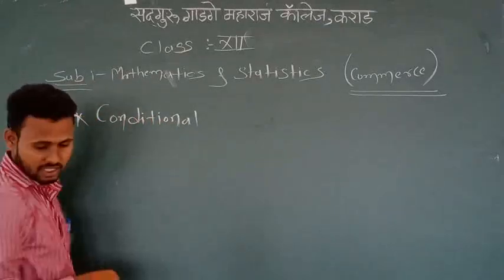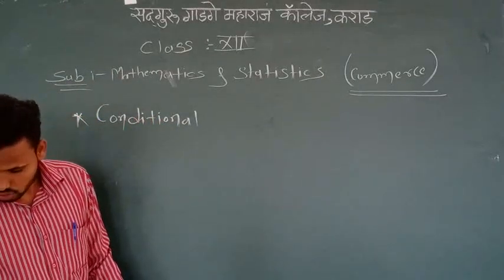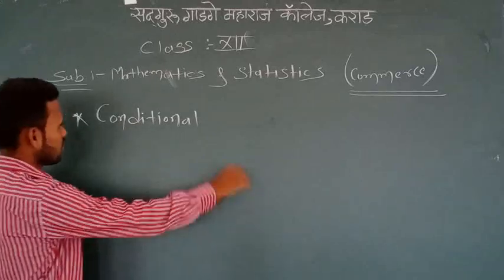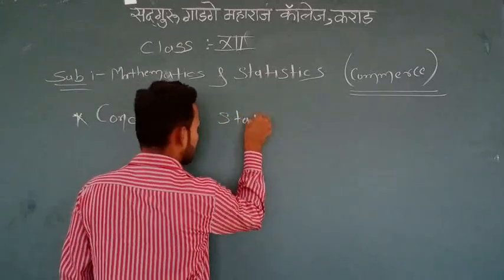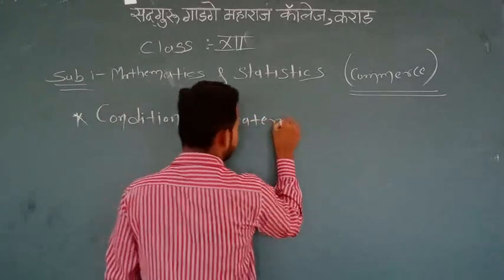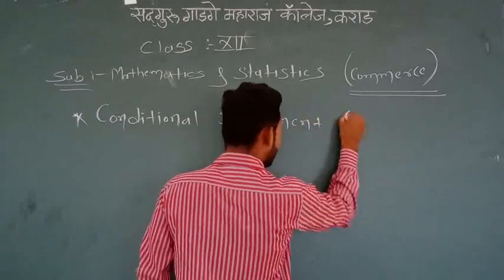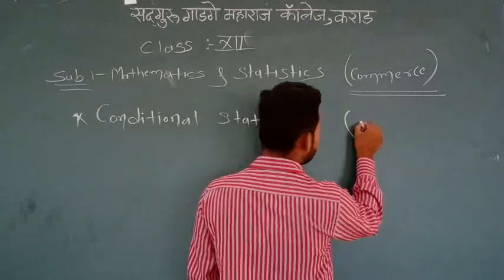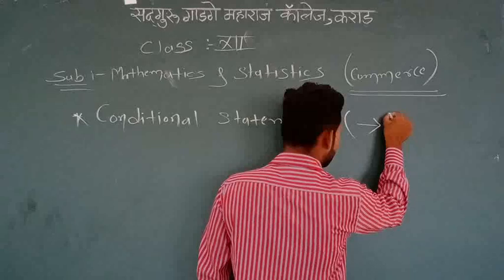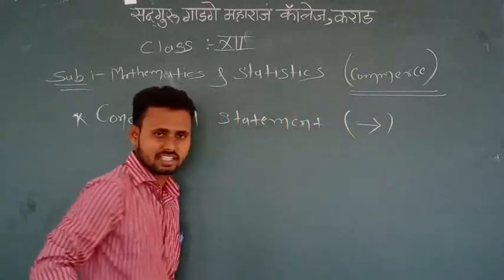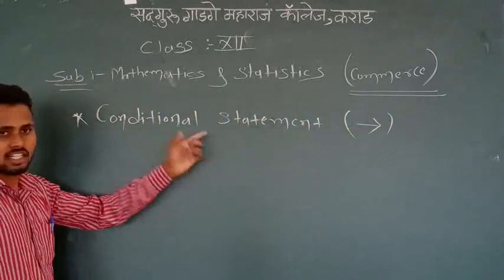Next logical operator is conditional statement. Conditional notation or symbol: implies. This is the symbol of conditional statement.